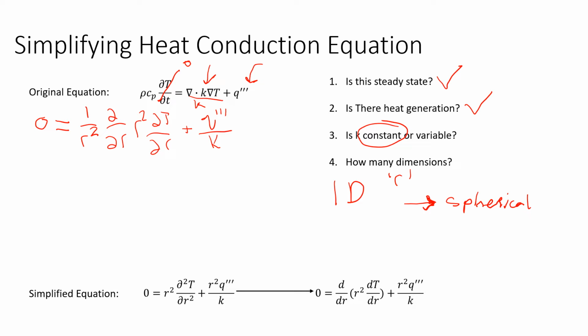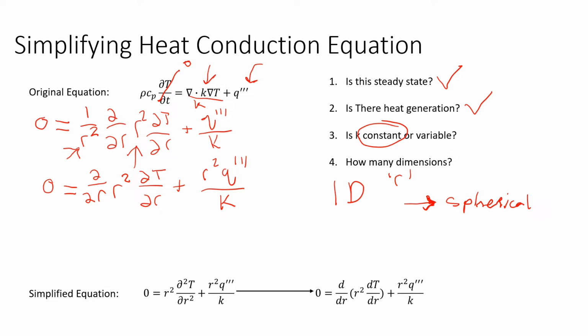Next, we are going to simplify this even further. Just to be aware, this 1 over r squared is a constant, and this r squared is in our derivative, so we can't just cancel them. So we're going to multiply everything by r squared. We'll have 0 equals del over del r of r squared del T over del r, where the r squared is in the derivative so we can't get rid of it yet, plus r squared q triple prime over k.